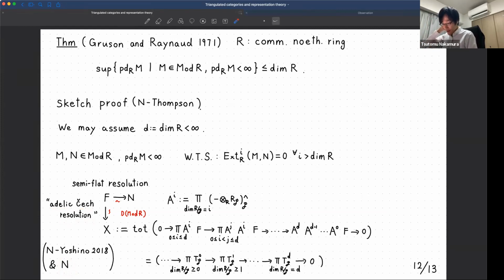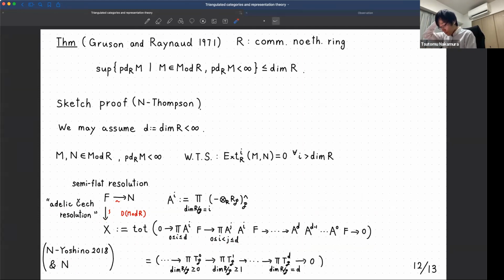But in any case, this construction is an isomorphism in the derived category. And more precisely, this is a pure quasi-isomorphism, a stronger one than quasi-isomorphism.